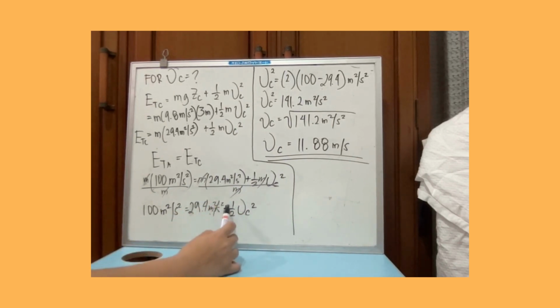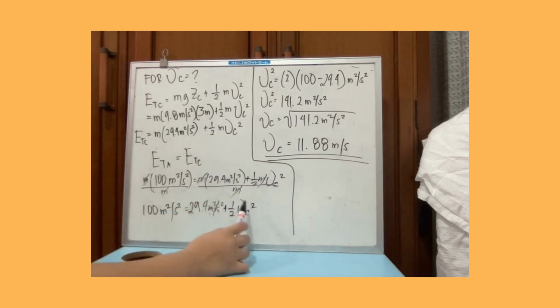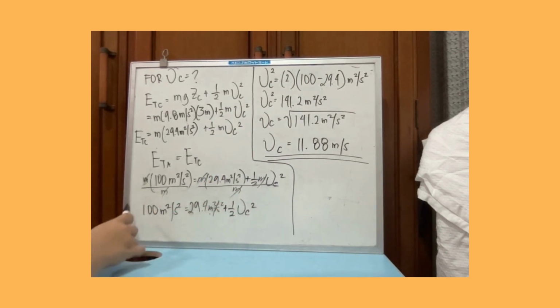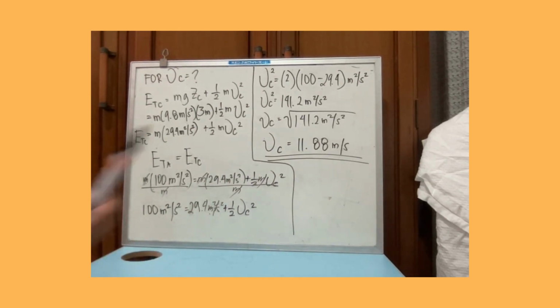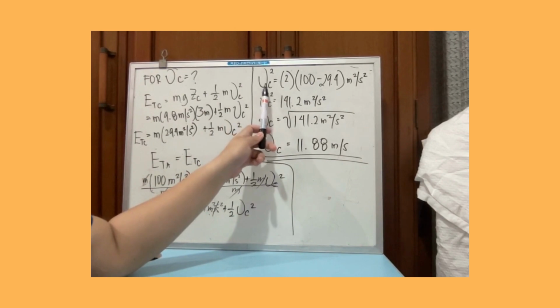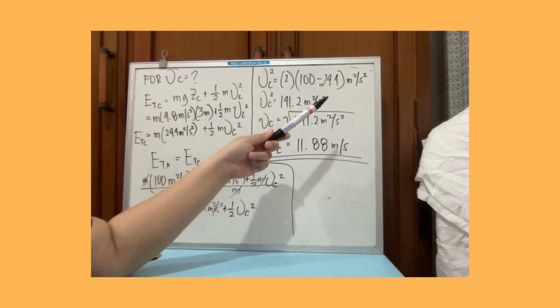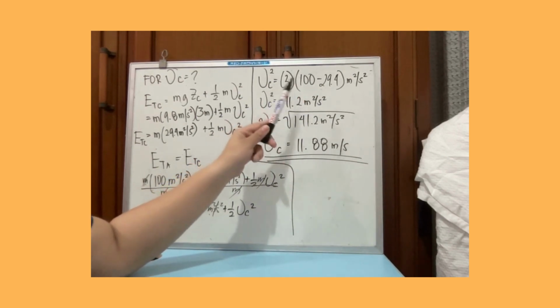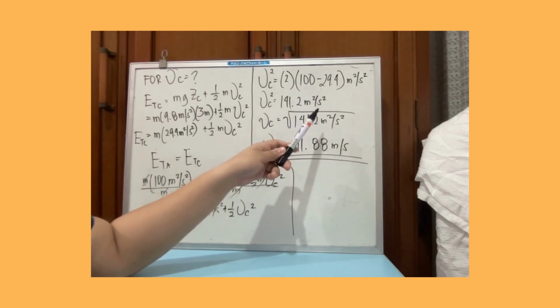Then, imbis na 1/2 to, ita-times natin siya dito sa kaliwa. Para mawala ang squared, need natin siya i-square root both sides. Okay. Makikita natin dito, speed sub C squared is equal to 2 times 100 minus 29.4 meter squared per second squared. Ang sagot nito is 141.2 meter squared per second squared.